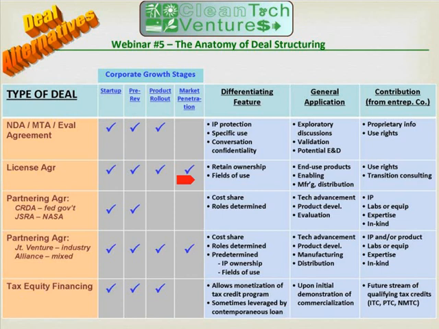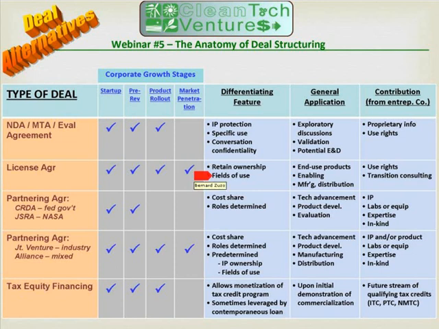A license commonly is used when you want to take a specific innovation and you want to hand off responsibility, like handing off the baton in a relay race, to another organization who will then take that innovation and carry it to the marketplace. And in structuring that particular deal, you'll be primarily talking about who owns what kind of rights are granted with regard to taking that innovation into market, and then what markets are going to be included within the grant.